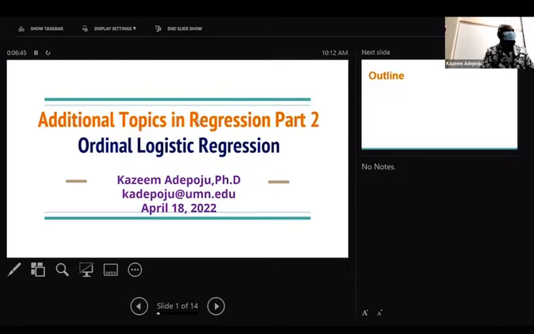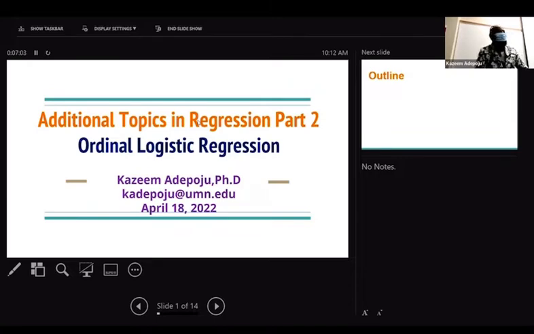We can also have a situation where, in addition to the categorical predictor, we have a quantitative predictor. In that kind of situation, the analysis of variance becomes analysis of covariance.